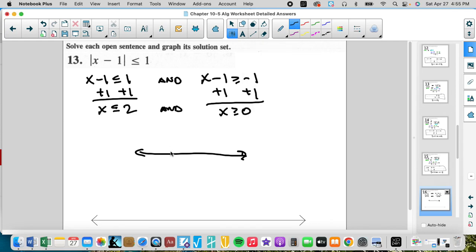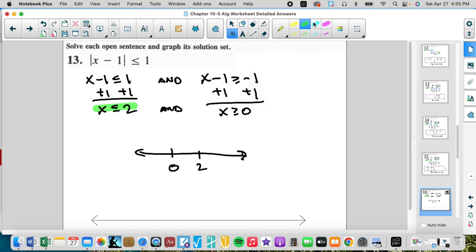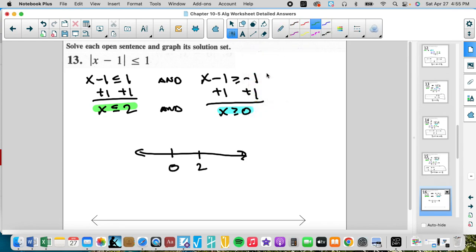Let's do colors. Let's do 0 and 2. Green is going to be x is less than or equal to, closed circle. X is greater than or equal to, closed circle. And where do they intersect?